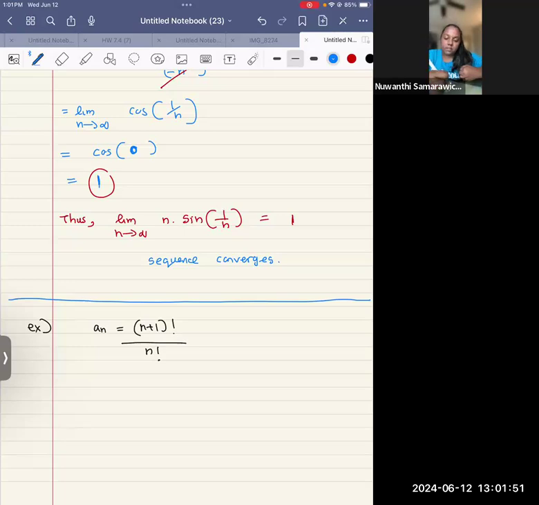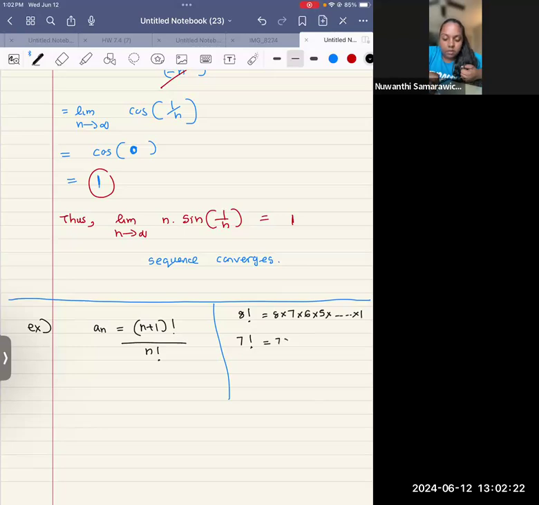So to understand this, let's just use some numbers. 8 factorial means 8 multiplied by 7 multiplied by 6 multiplied by 5, and it goes to 1. Okay, so what about 7 factorial?